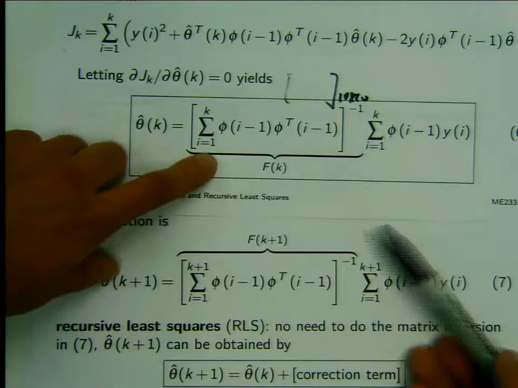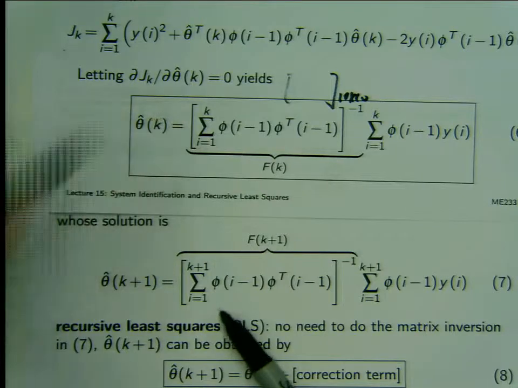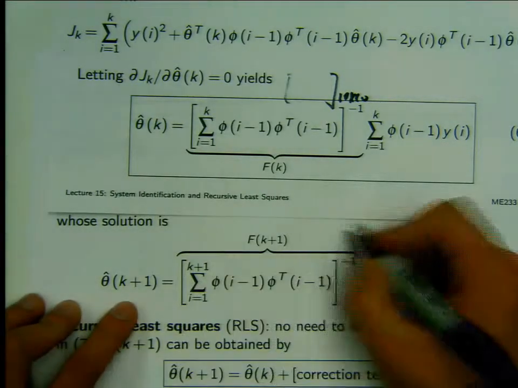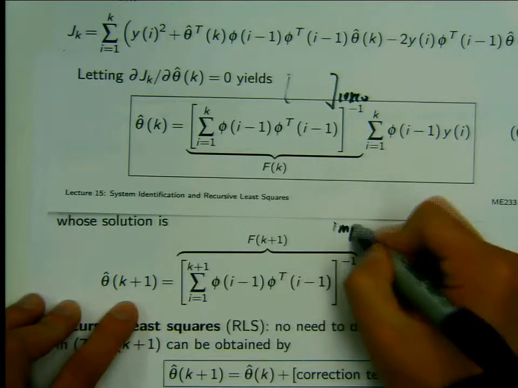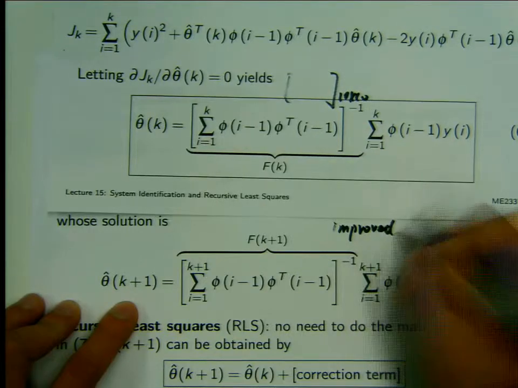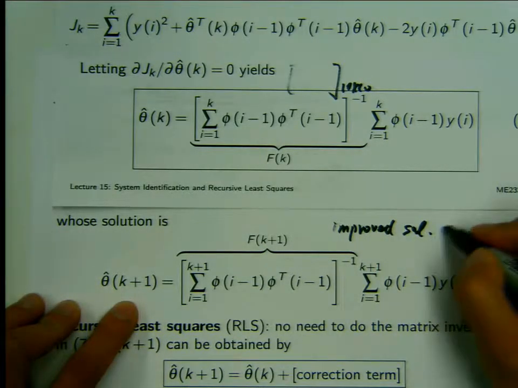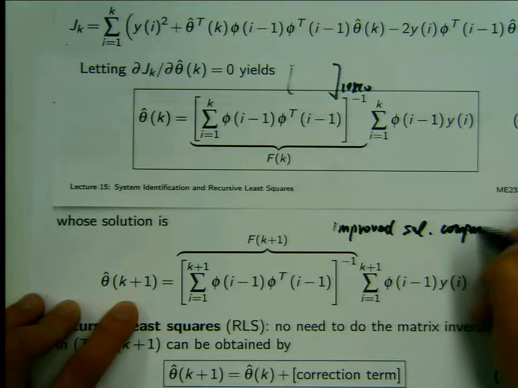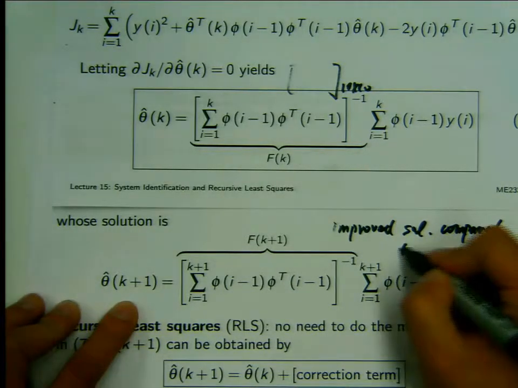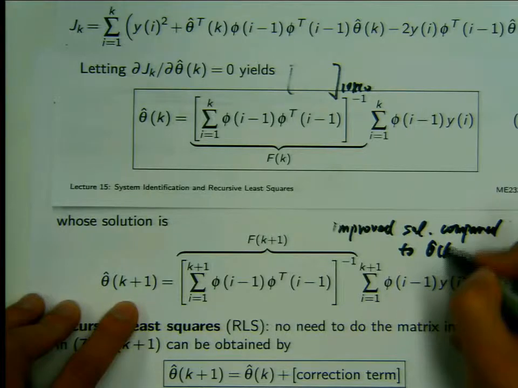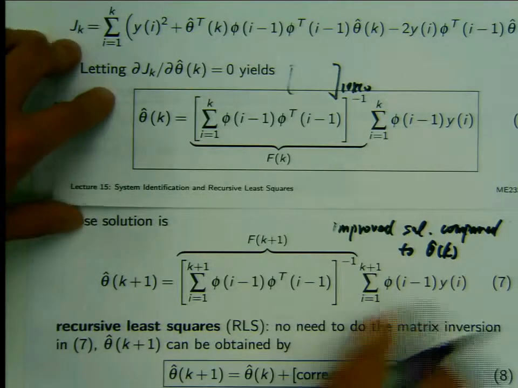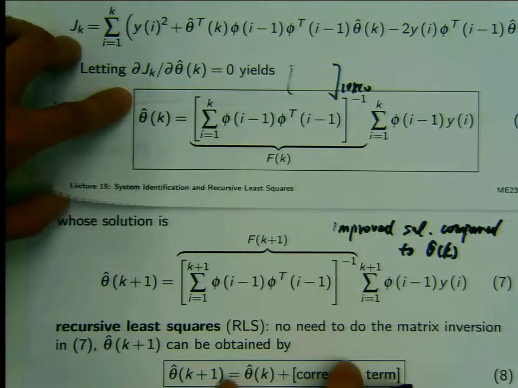So this is the improved solution compared to theta hat k, because you are using more information in this estimation problem.